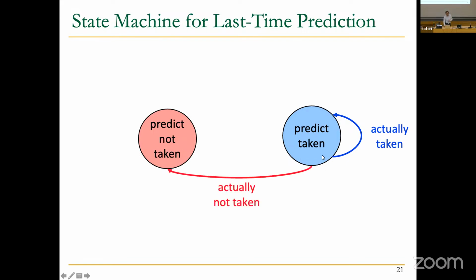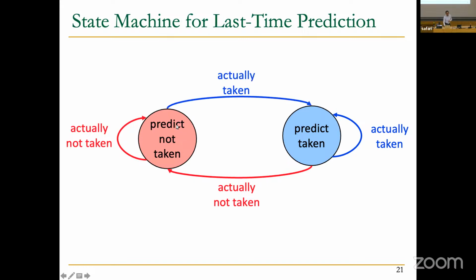If you predicted the branch taken, but the branch is actually not taken in this instance, you go to this state, so in the next instance, you're going to predict it as not taken. And if the branch was actually not taken and you predicted it as not taken, you stay in the state. If you predicted the branch not taken, and the branch was actually taken, you change your decision. Basically, if you look at the state machine, one opposing outcome immediately changes your decision.